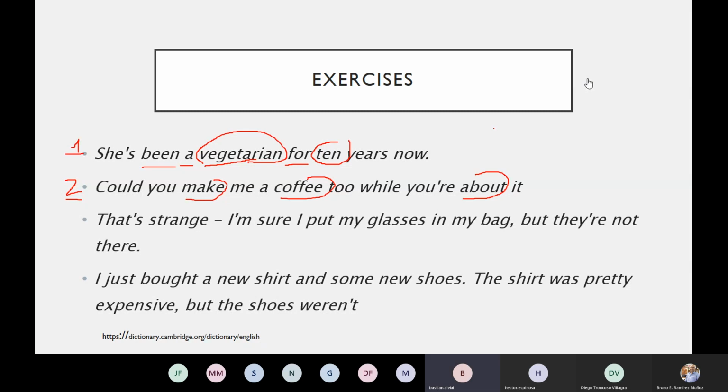I want to, but I have a lot of doubts, especially with shirt. I think in the beginning, when you say a new shirt, you have to stress that word. But I am not too sure when it's said again, the shirt was pretty expensive, because is it necessary to stress the same word twice?